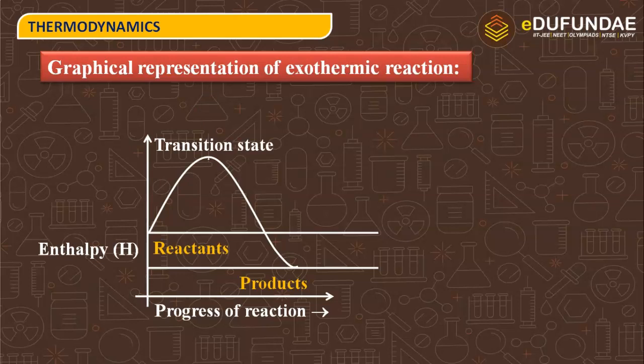Transition state. And this level represents activation energy, represented by Ea, the energy of activation. And what is this? This is delta H. We know that for exothermic reaction delta H is negative, which is why a negative sign is put in front of delta H here.